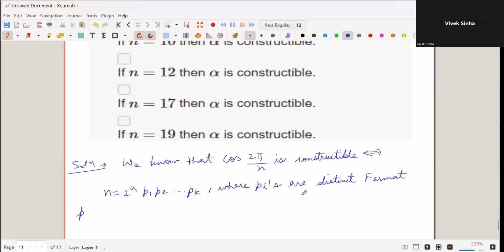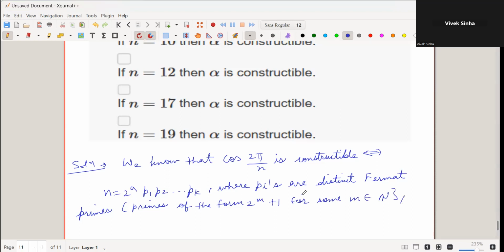So what are Fermat primes? They are primes of the form 2^m plus 1 for some m belonging to the natural numbers.